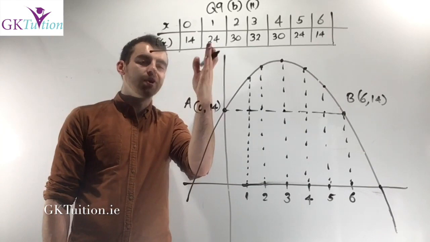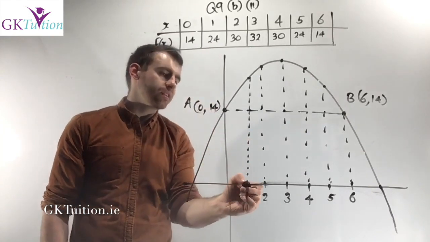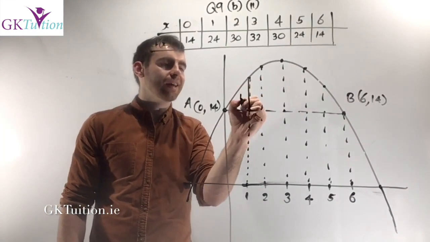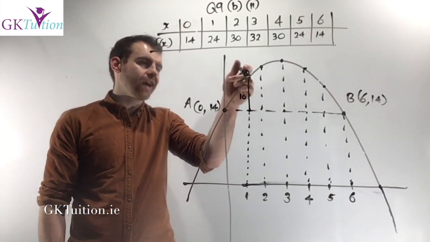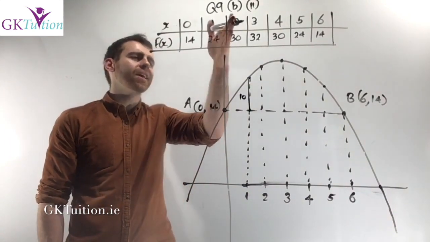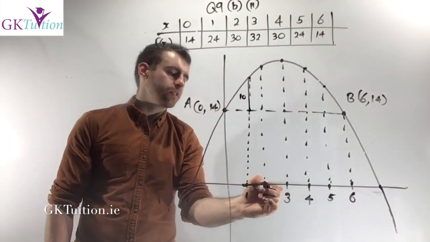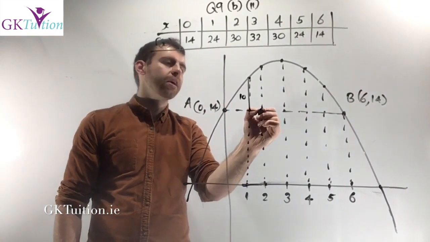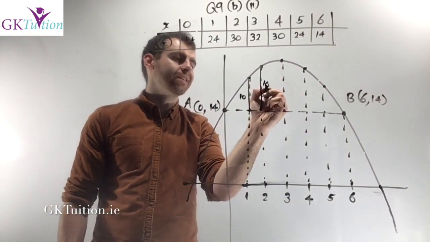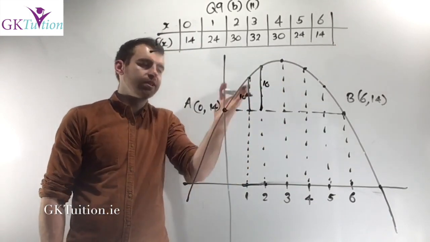24 minus 14 is 10. So if the distance from here to here is 14, then this first distance is actually 10, because 14 and 10 would get me to 24. Now, the second point is 2, 30. So if the distance from here to here is 14, then the distance from this point to the top must be 16, because 30 minus 14 is 16.